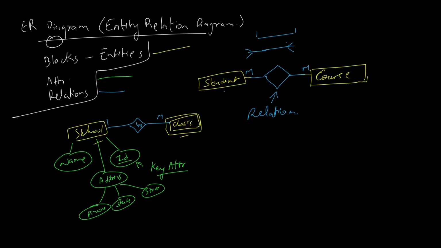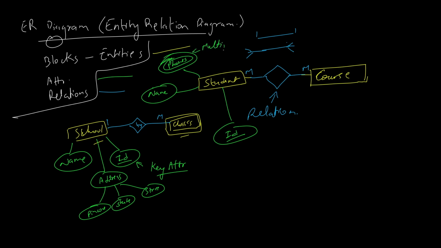Let's say a student would have an ID again. They would have a name. They would have a phone number, let's say. Now this double ellipse is saying that it could be a multi-valued attribute. There could be multiple phone numbers.